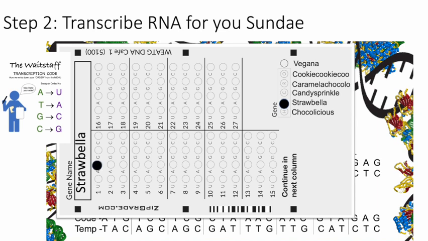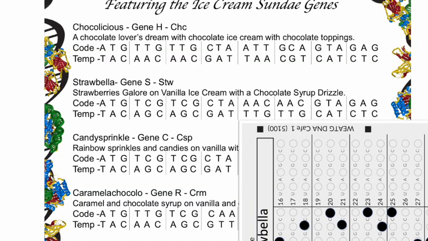And here we can see T will then become an A on the RNA, A will become a U, C will become a G, A will become a U, G will become a C, and so on. When you're ready, you can move the RNA over to match up with the template to then complete your RNA sequence.